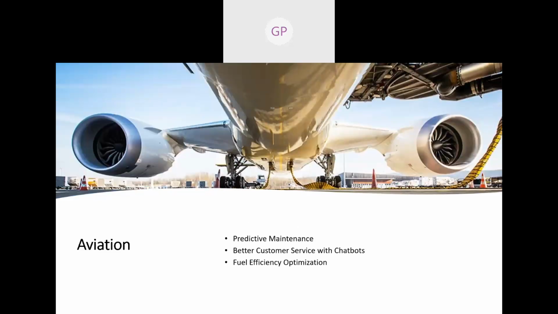Finally, for the last industry area, which is aviation, predictive maintenance is common to Industry 4.0 and aviation. Then again, customer service, as already pointed out in the previous one, through ticket prioritization and chatbots.